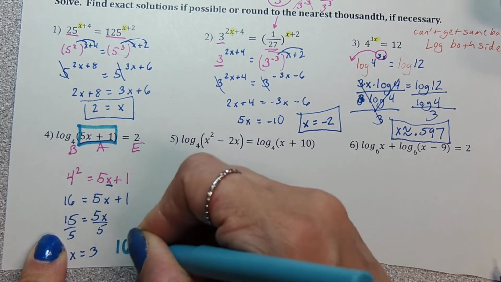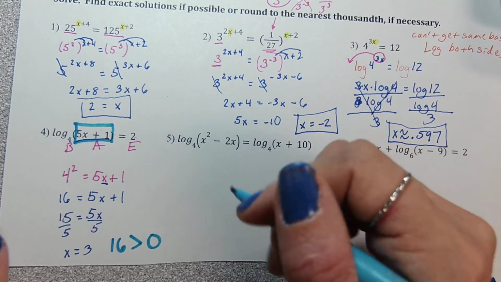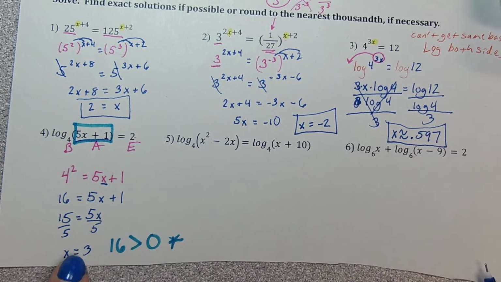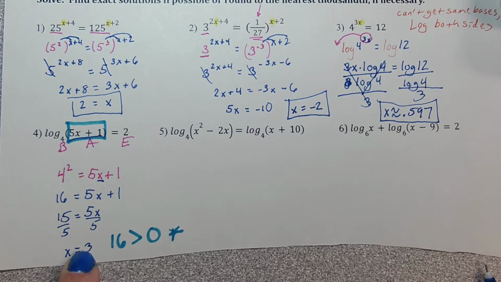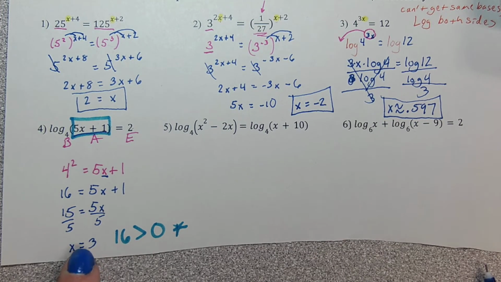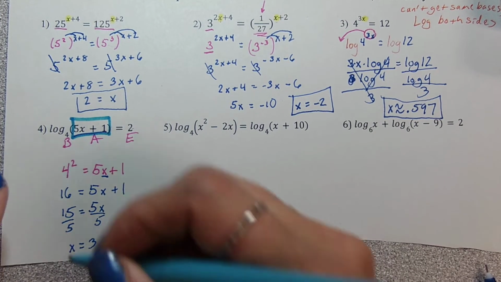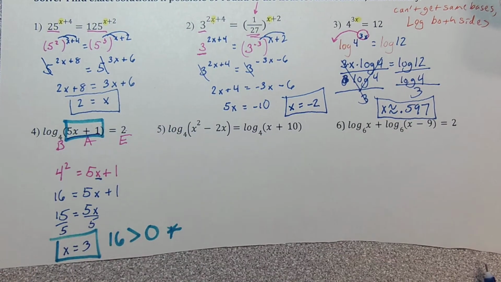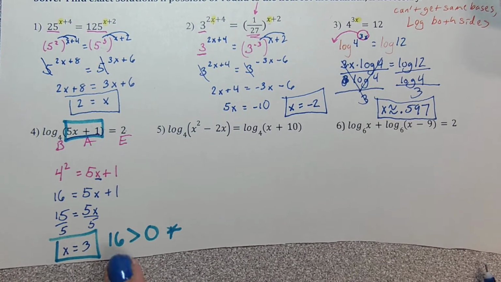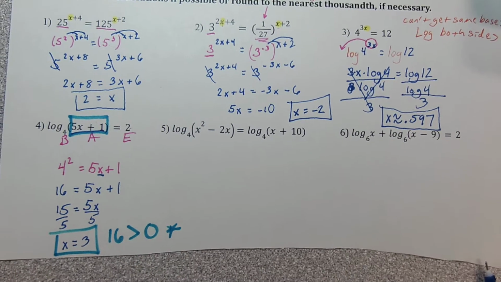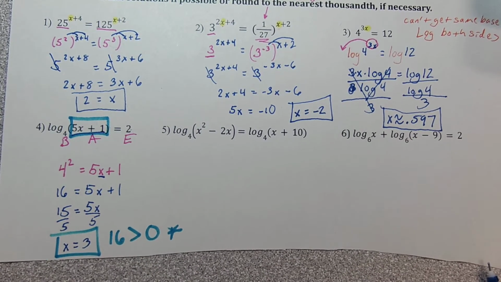So is 16 greater than 0? Yup. So it's not about 3 being greater than 0. It's about what the 3 does in the answer part of the log. So x equals 3, woo! That's our solution. You don't have to show this check, but anytime you have a log in the problem, you got to make sure that you do it.